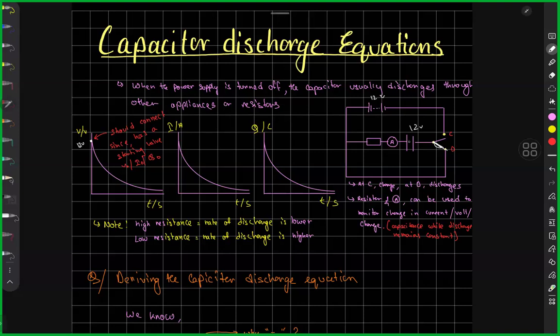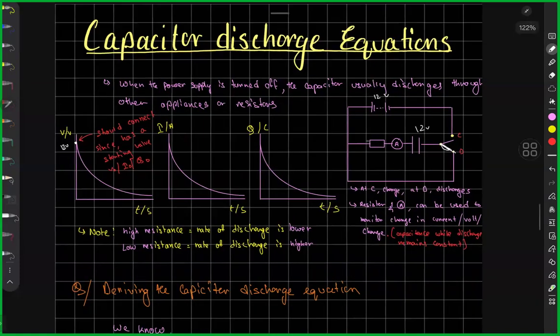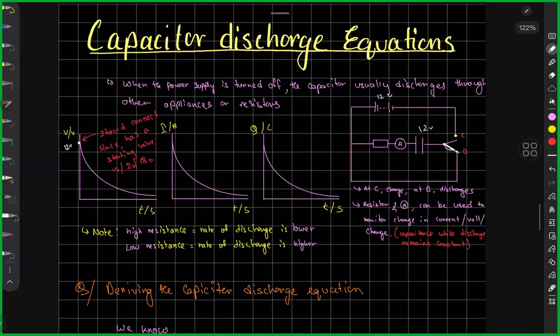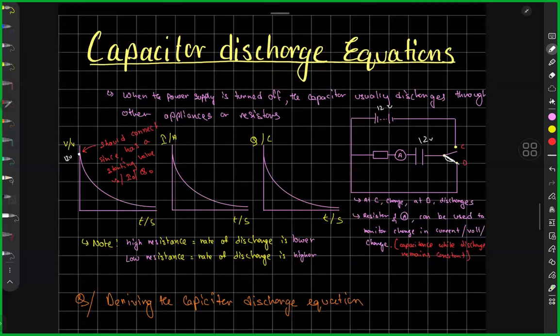So a lot of charge initially gets to flow through the circuit and gets discharged as it loses energy through the resistor. And with time, as charge leaves the capacitor, less charge is left.